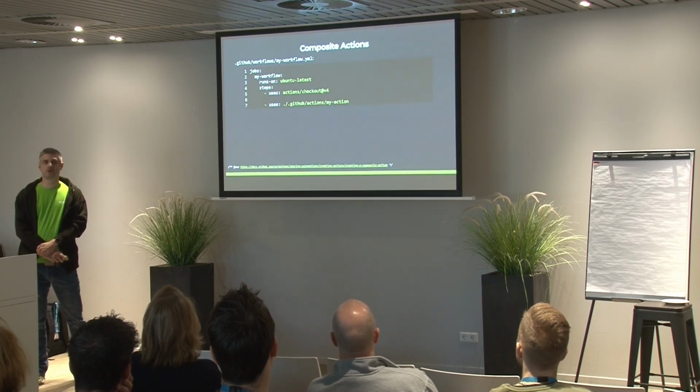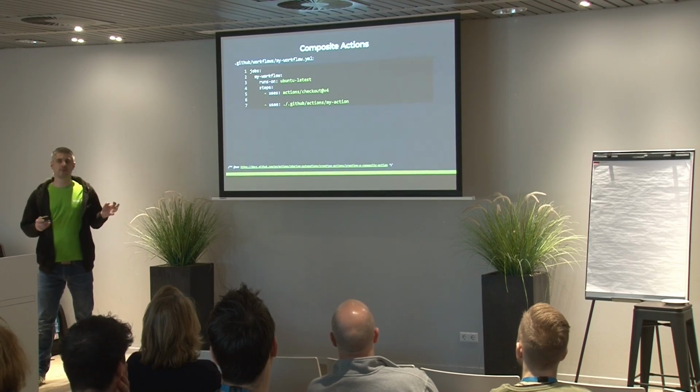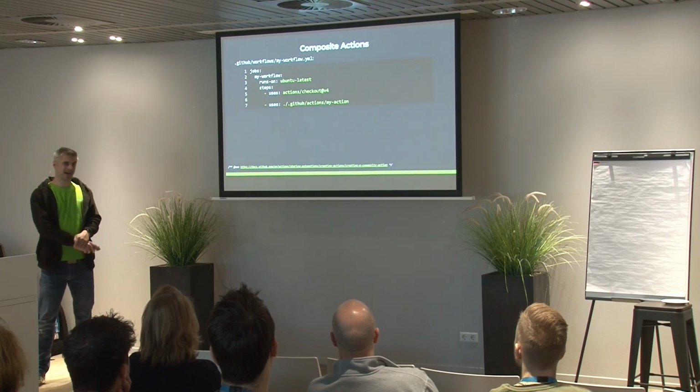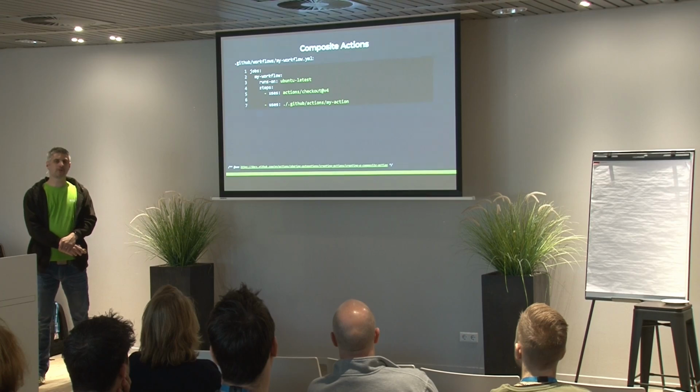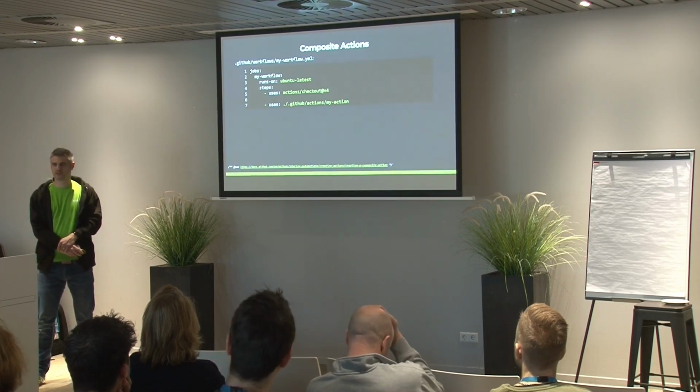Sometimes you also want to have even more abstraction, and also some kind of abstracting and blackboxing things. A composite action is essentially an action. At the moment there are 3 kinds of actions that you can use. One is JavaScript, that's the default.